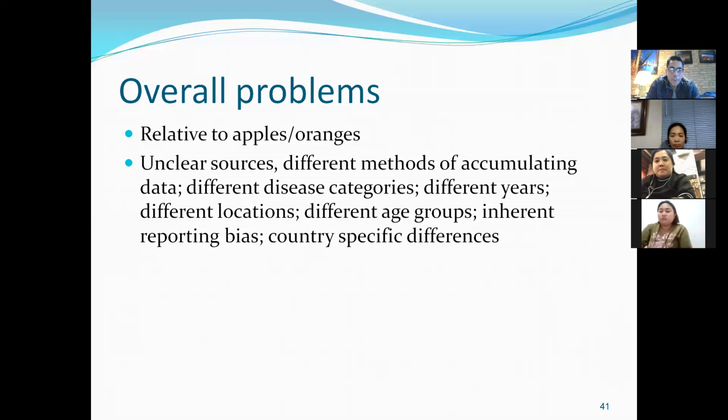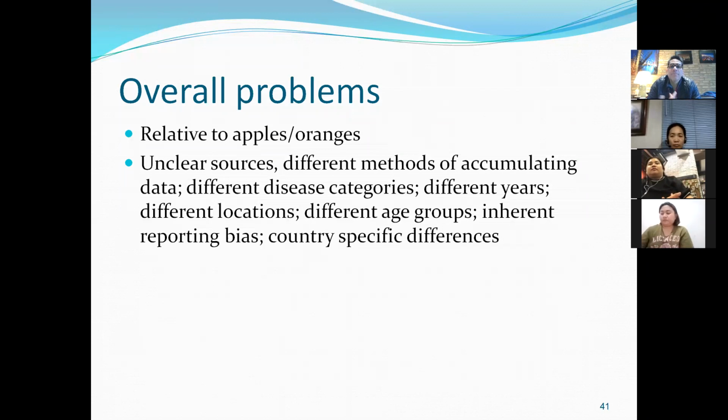For example, the World Health Organization has developed the whole classification for osteoporosis: what is considered severe, moderate, mild, and what is considered osteopenia. Those are based on the standard deviation score of the DEXA scan, dual energy x-ray absorptiometry.